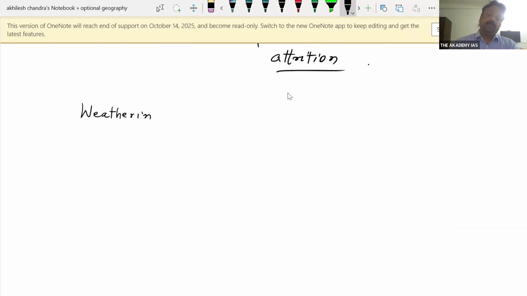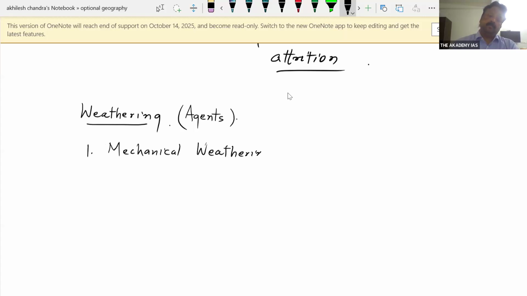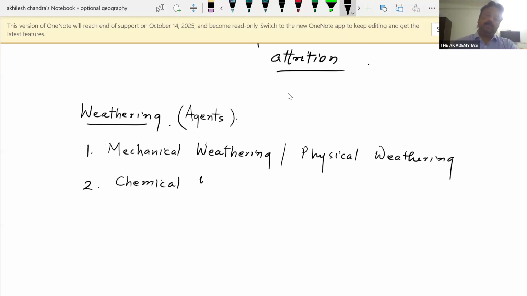Weathering on the basis of different agents involved. On the basis of agents, we can divide weathering into three groups. One is mechanical weathering, that is also called as physical weathering. Then there is chemical weathering.